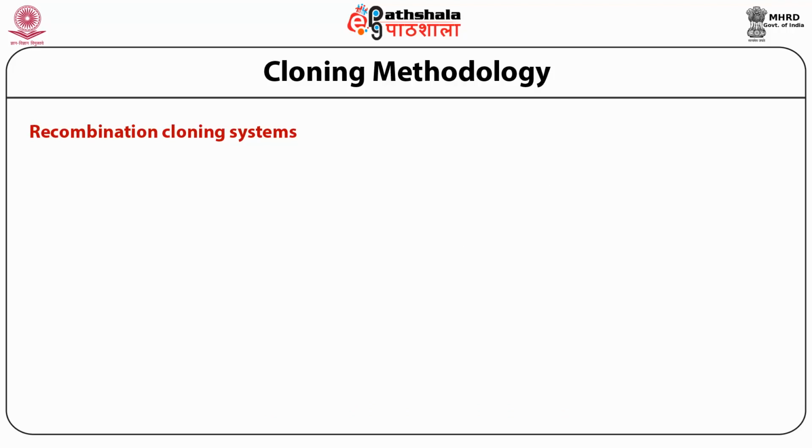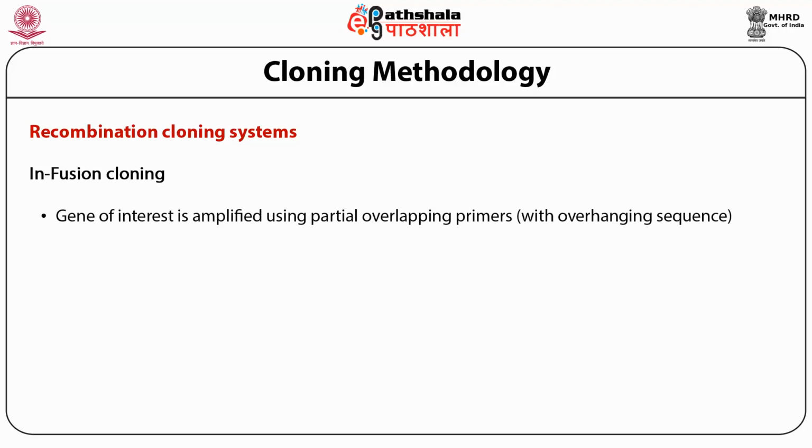Recombination cloning system. In this, unlike the previous three systems, we use recombination as an approach to clone our gene of interest into a vector. In In-Fusion cloning, the gene of interest is amplified using primers with partial overlapping sequences, and these primers have overhanging sequences which allow us to amplify a large DNA sequence.